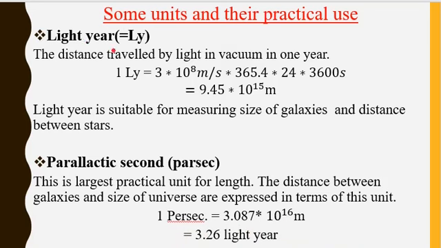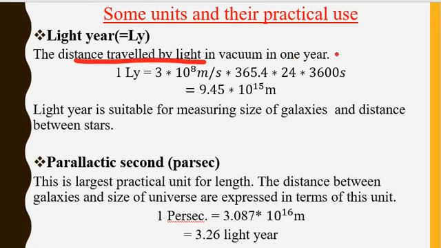Don't be confused because here light year is mentioned, but here is a time; the unit of light year is distance, or meter. This is the distance traveled by light in vacuum in 1 year. So distance is equal to velocity of light in vacuum into time.